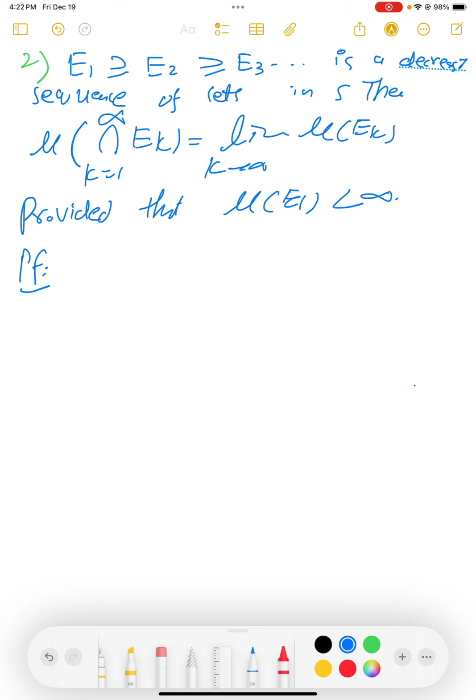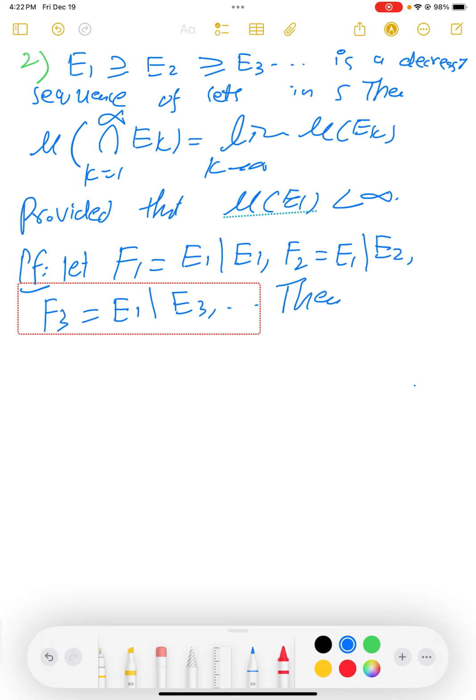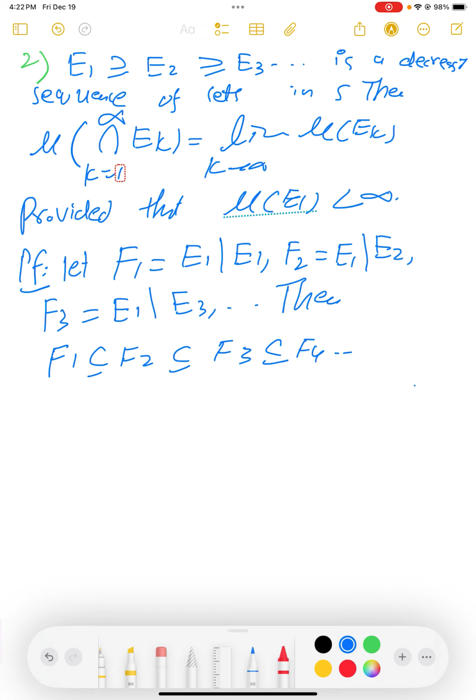Let F1 be E1 difference E2, F2 be E1 difference E2, and F3 be E1 difference E3, and so on. Then clearly F1 is contained in F2 is contained in F3 is contained in F4, and so on.